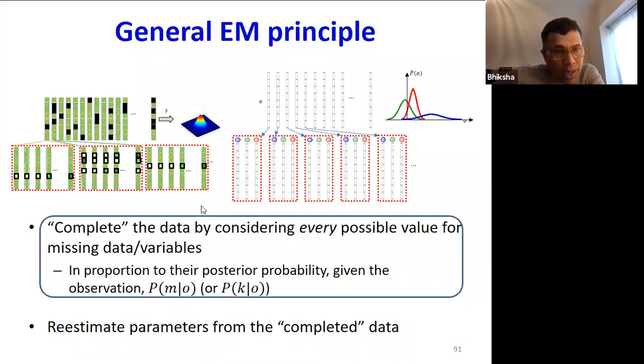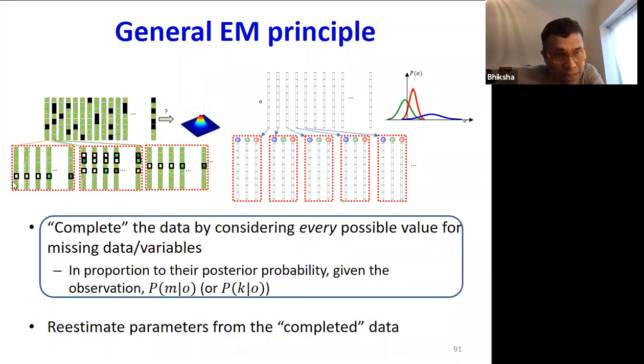So the key here was that regardless of whether you had vectors from which you were trying to estimate a Gaussian and the vectors had missing components, or whether you were trying to estimate a Gaussian mixture where for each observation you were missing the color of the Gaussian, what we did was to complete the data.